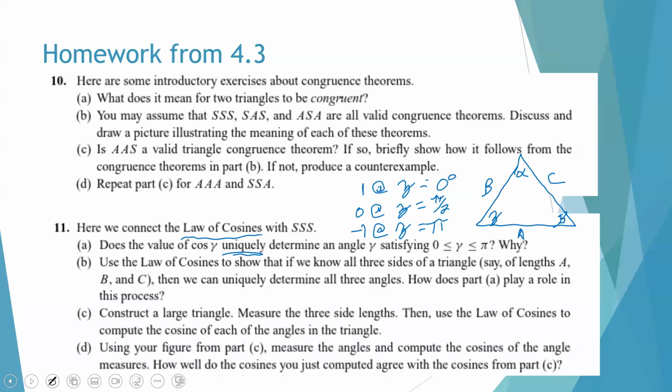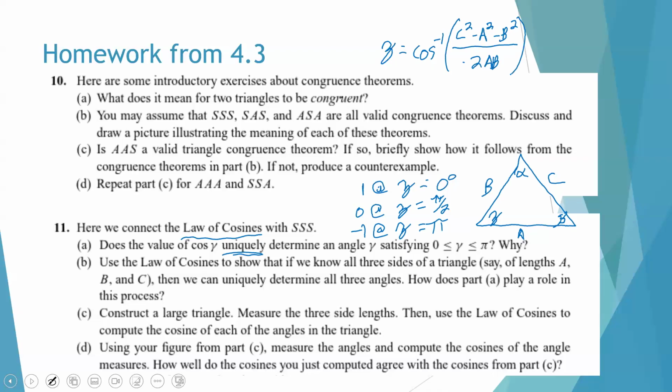So I'm just going to write over here, just because there's empty space. Gamma would be equal to cosine inverse of C squared minus A squared minus B squared over minus 2AB. Yep.